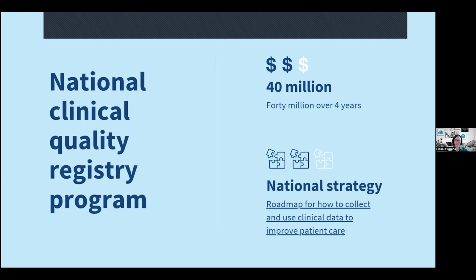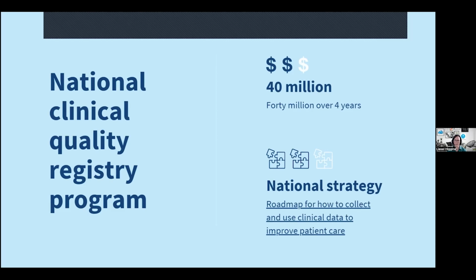So yeah, the National Clinical Quality Registry Program is a vital initiative aimed at improving healthcare quality and patient outcomes across Australia. Through the establishment and coordination of clinical registries, the NCQRP, another acronym, collects and analyses data on specific medical conditions, treatments, and outcomes. These registries serve as valuable tools for healthcare professionals, researchers, policymakers, and patients, facilitating evidence-based decision-making, monitoring of healthcare performance, and identification of areas for improvement.